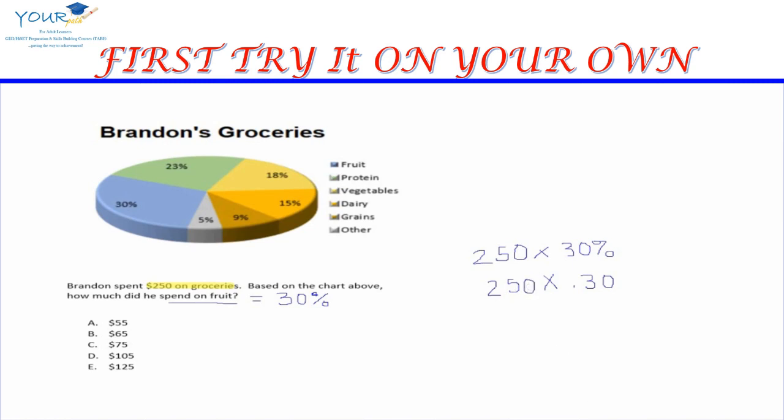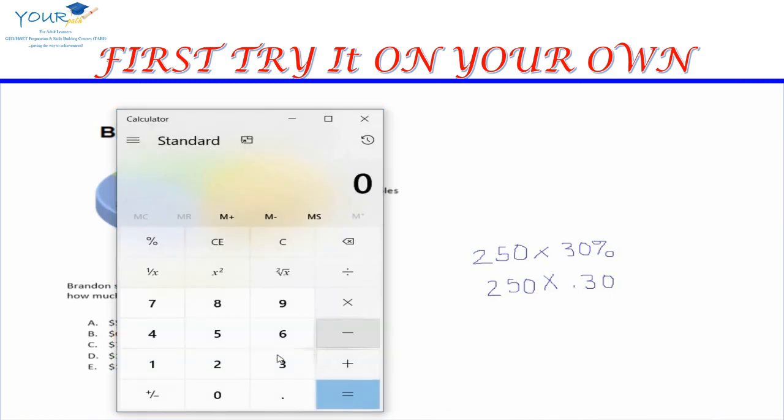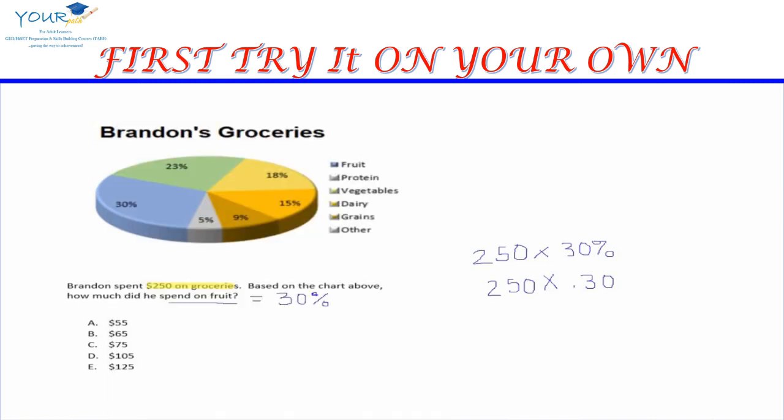So now we can use the calculator here. We have 250, and if we multiply that times 0.30, that gives us 75. So we know that $75 was spent on fruit.